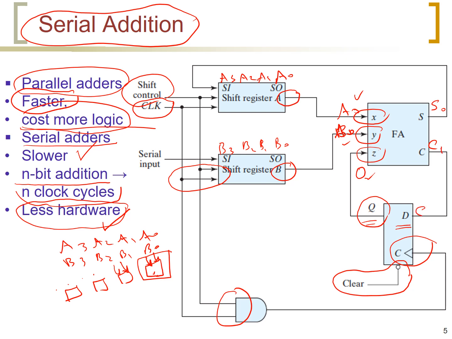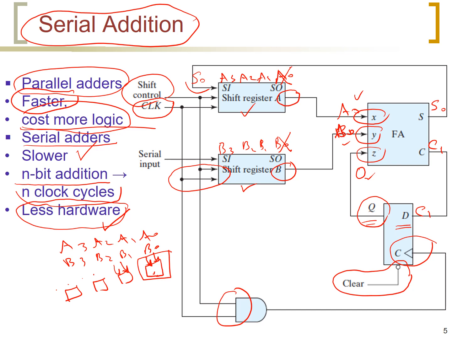So C1 will be here, and S0 will come here. Now, what will happen? At the clock pulse, shift register A will shift and B will shift, which means A0 will disappear, B0 will disappear, and S0 will be input here.